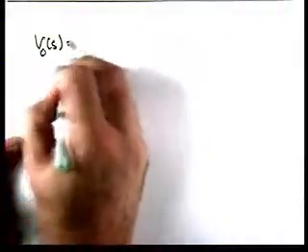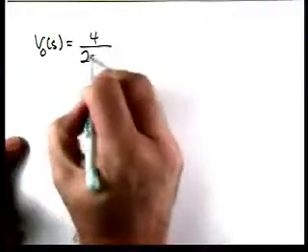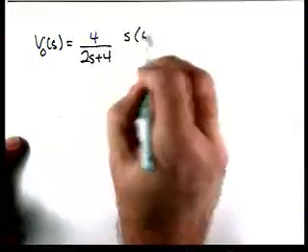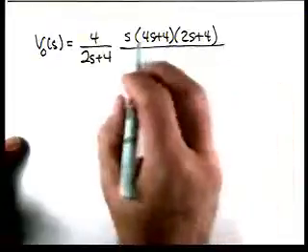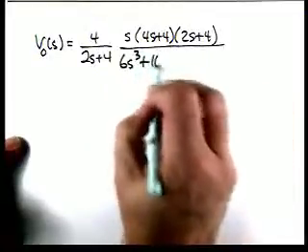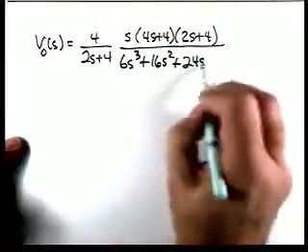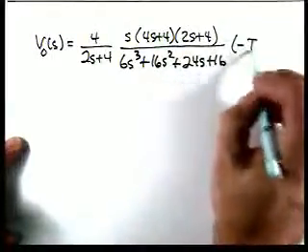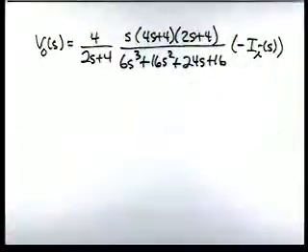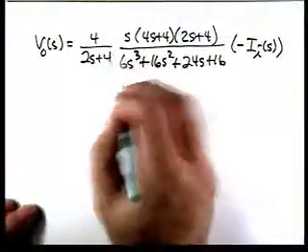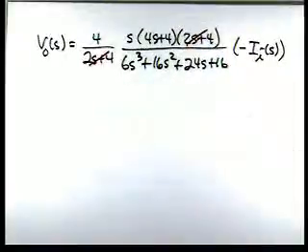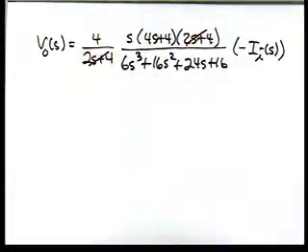When we do that, we'll have V0 is 4 over 2S plus 4 times S times 4S plus 4 times 2S plus 4 over 6S cubed plus 16S squared plus 24S plus 16 times minus I sub I of S. Now if we look, these two terms cancel out, and certainly we can factor a 2 out down here and use that to cancel out a 2 up there.